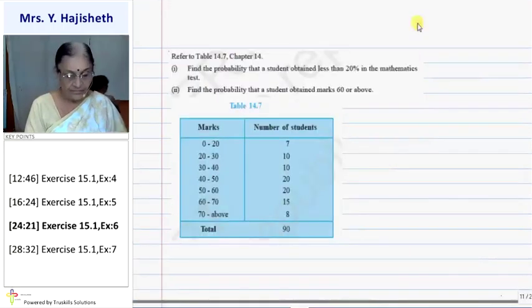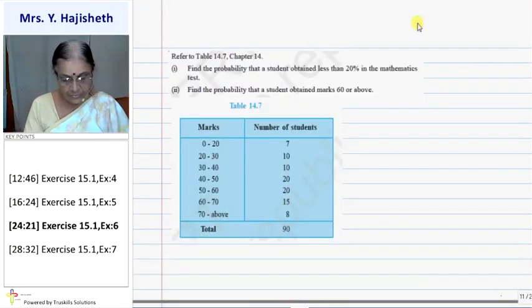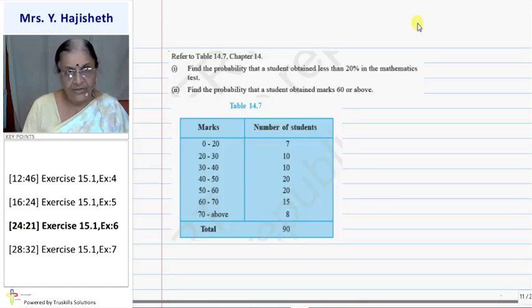Okay, the teacher wanted to analyze the performance of two sections of students. Refer to table 14.7 of chapter 14. You are given this sum.